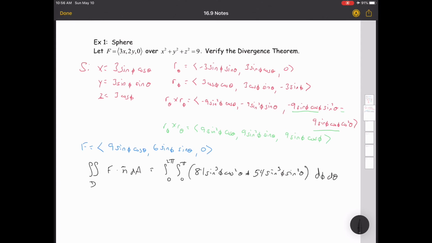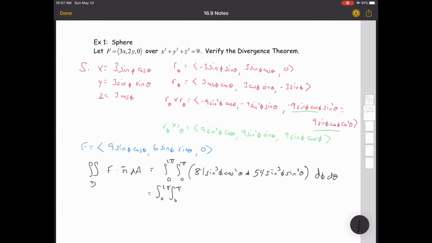Alright, so there's one really cool trick here that I'm going to show you, because you might be looking at this thinking, oh man, if those 81s and the 54s were exactly the same, then I could pull out the common coefficient with the sine cubed, and then I'd have a cosine squared and a sine squared left over. Well, we can still kind of create that situation, so let's see what we can do here. Still going to have our integrals.